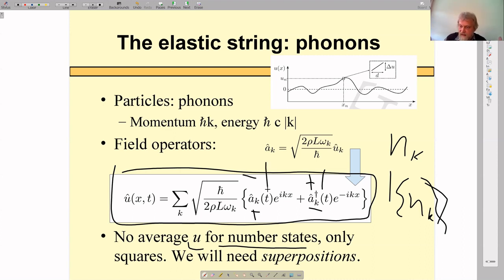So the resulting state would never be the same, which means that these states are orthogonal and the corresponding matrix element is 0. There are states, however, where this average is not 0, but those must be superpositions of the number states.